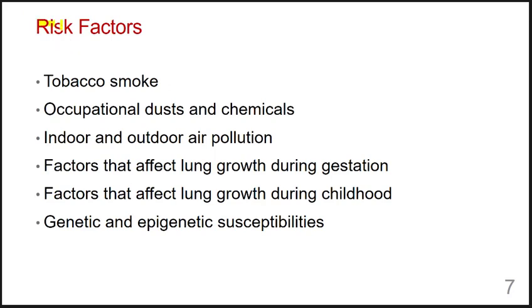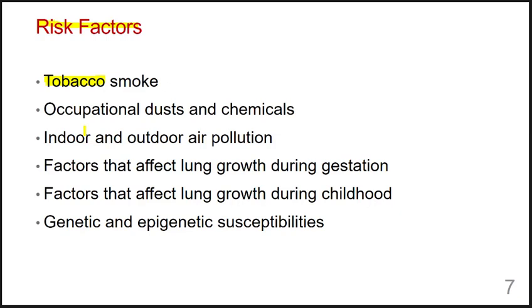Risk factors of COPD. We already know tobacco smoke, but it can come in different forms. So cigarette use, of course, pipe, cigarettes, environmental tobacco smoke in passive form as well. But active smoking is definitely the number one. Occupational dust and chemicals, so vapors, irritants, and fumes that are inhaled on a regular basis.